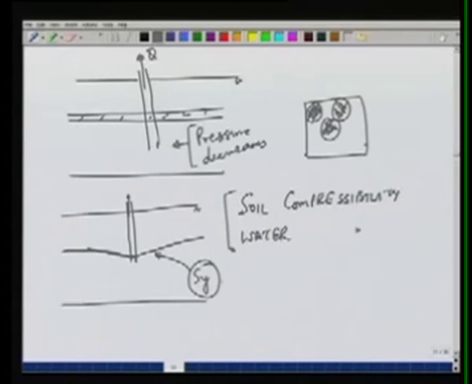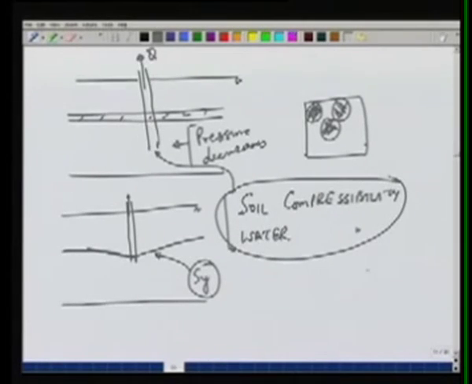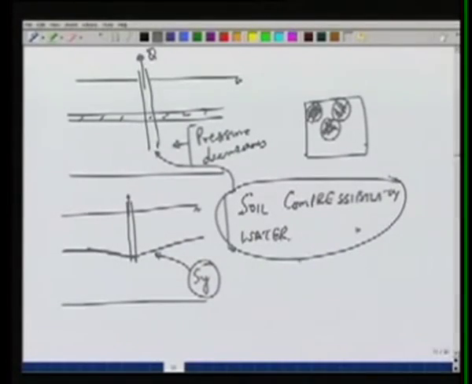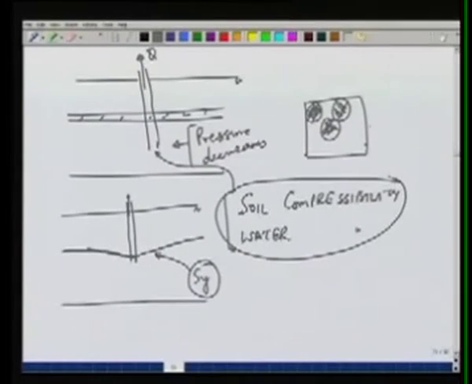Specific yield will decide how much water will come out of an unconfined aquifer, but soil compressibility and water compressibility will affect the release of water from the confined aquifer. So when we derive the continuity equation, it is by nature different for confined and unconfined aquifers, and we will look at the derivation of the continuity equation using Darcy's law and balancing the inflow and the rate of change of storage within the volume.